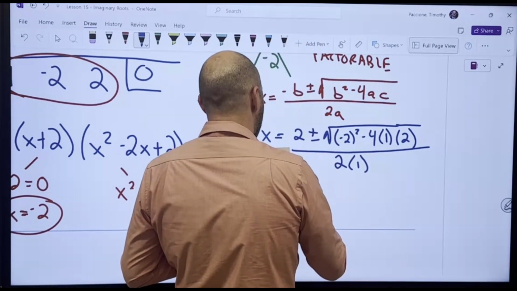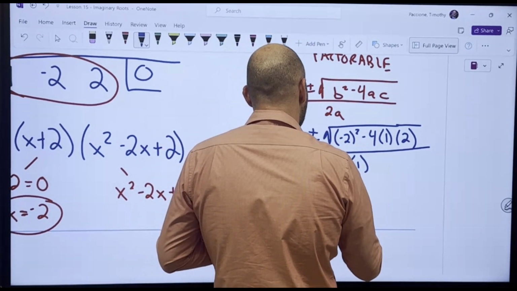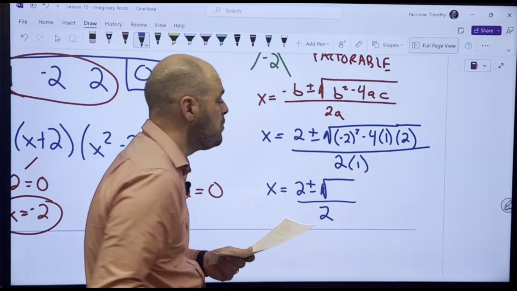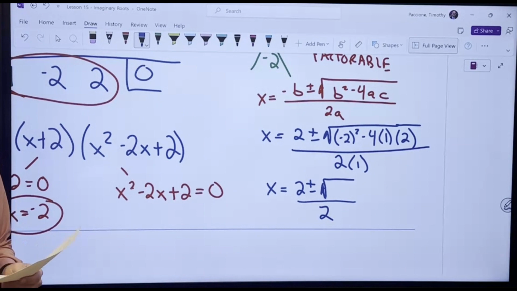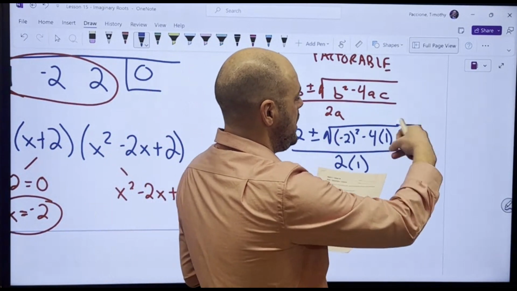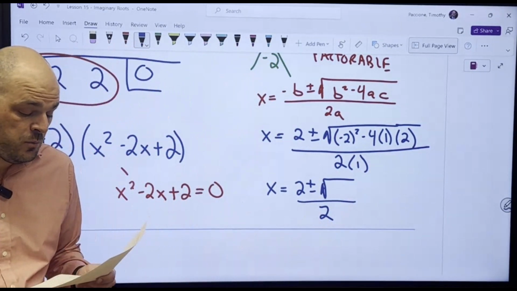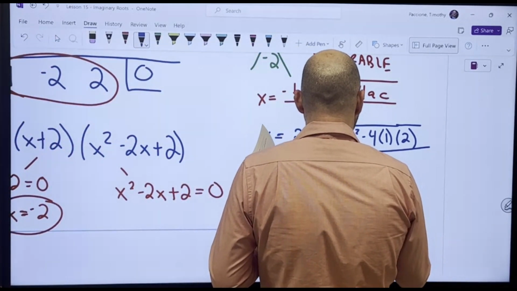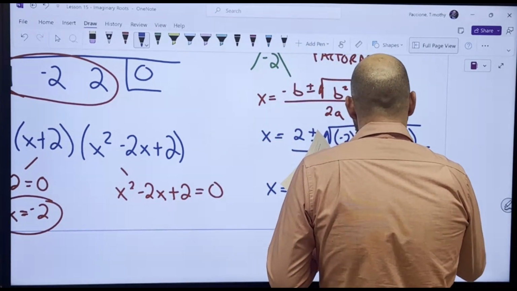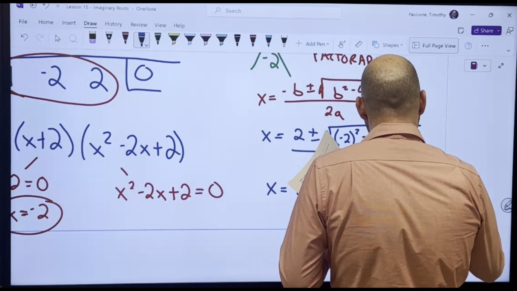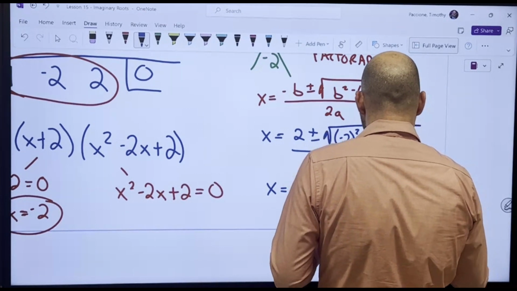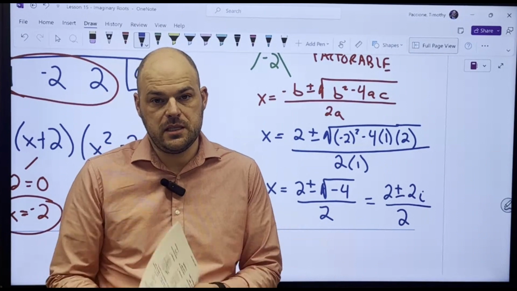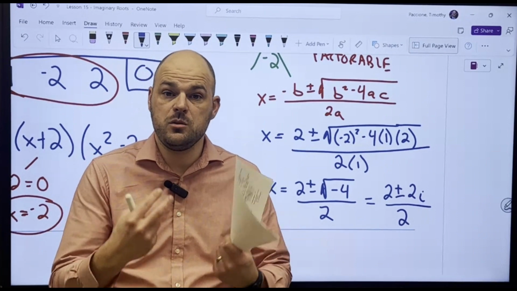So this turns into x equals 2 plus or minus the square root of, we'll figure out what that is, over 2. Okay, so what is that? Well, we put this into our calculator, negative 2 squared minus 4 times 1 times 2, and we get negative 4. So this turns into 2 plus or minus 2i over 2, right? If you have the square root of negative 4, well, that's the square root of negative 1 times the square root of 4. So that's plus or minus 2 times i.